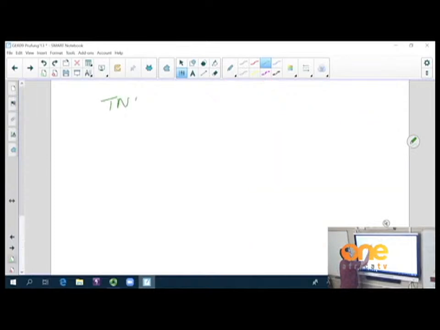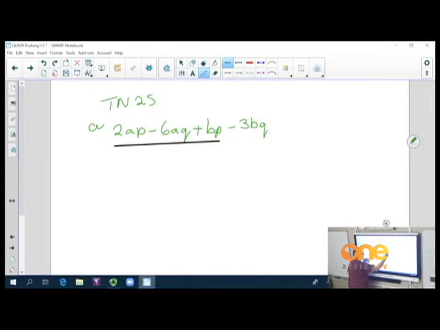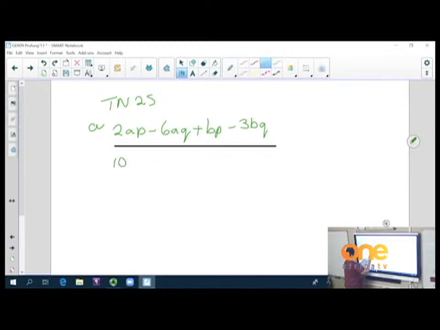Now try now 25. Now this time we're dealing here with grouping 2ab minus 6aq plus bp minus 3bq, and we are dividing this with 10ab plus aq plus 5bp plus 4bq.